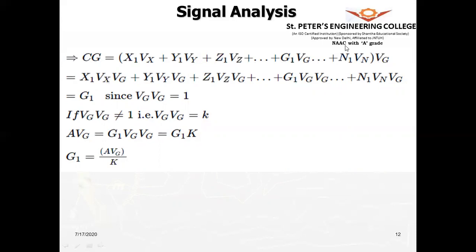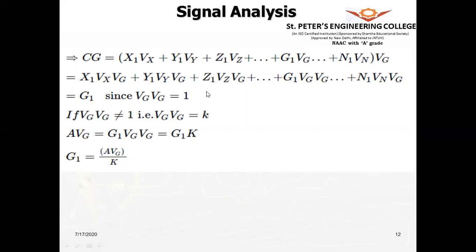Now, the dot product of unlike unit vectors will be 0 and like unit vectors will be 1 as we have previously discussed.